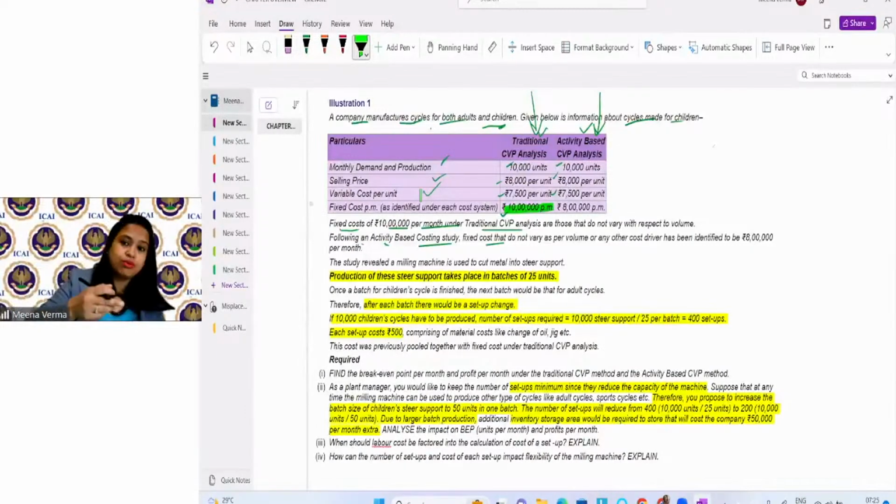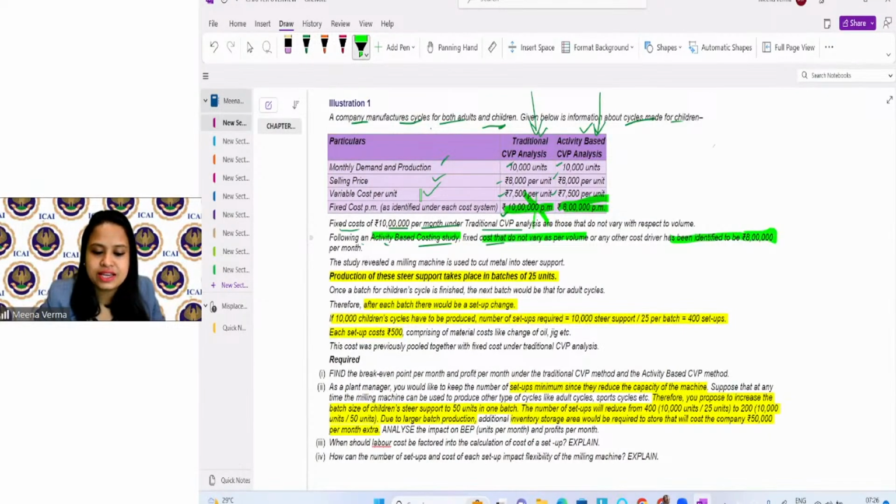But if you see the same thing from the activity-based costing point of view, actually 8 lakh is the fixed cost, not 10 lakh. The costs that do not vary with volume are actually 8 lakh.